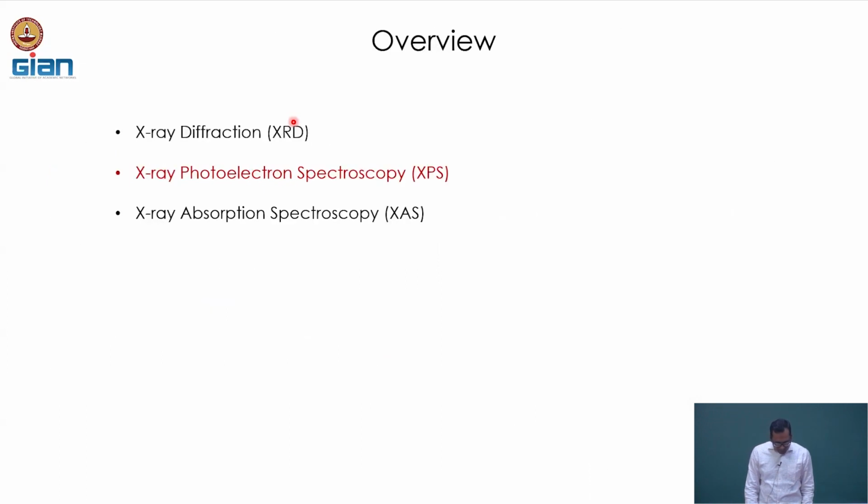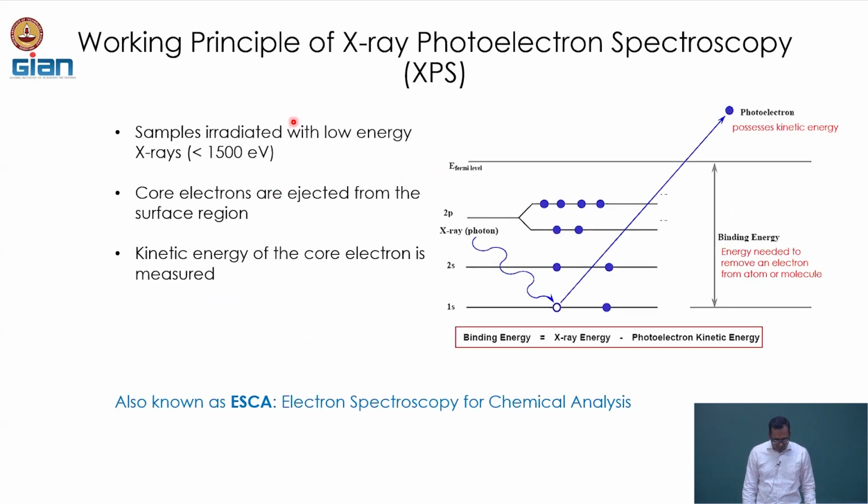Okay. So, after XRD, let us go to X-ray photoelectron spectroscopy. We will start with a little bit of working principle. In this case, the sample is irradiated with low energy X-rays, and typically this energy is below 1.5 kilo electron volt. When this energy is irradiated on the sample, one of the core electrons is knocked off from the electronic shell.